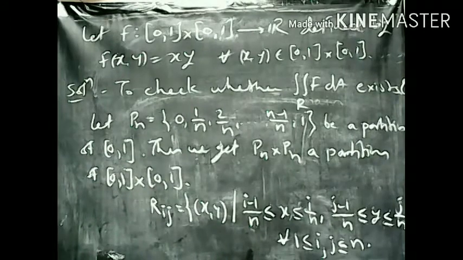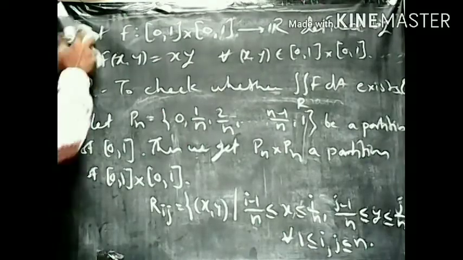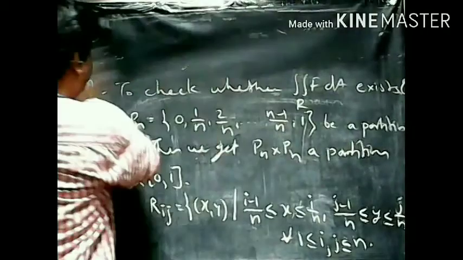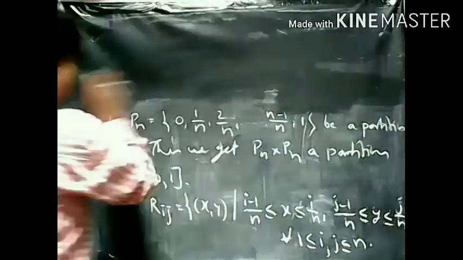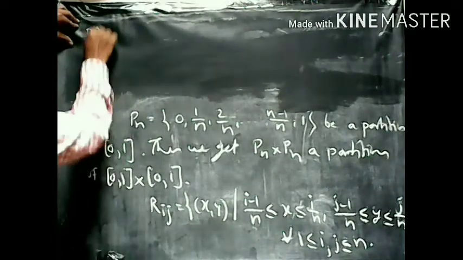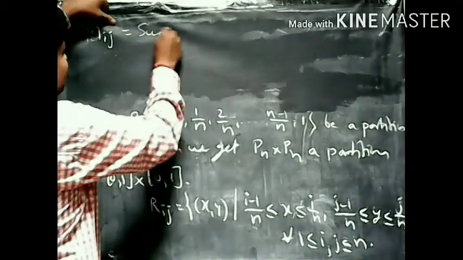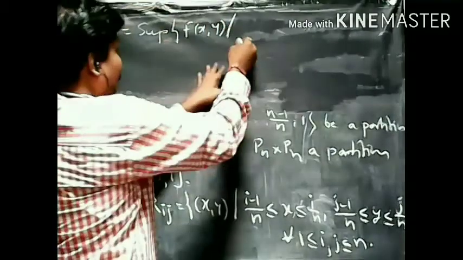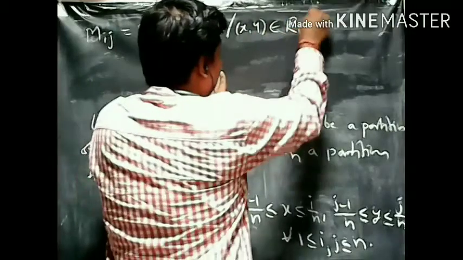Now let us compute capital Mij and small mij. Capital Mij is by definition the supremum of f(x,y) where the ordered pair (x,y) varies in Rij.